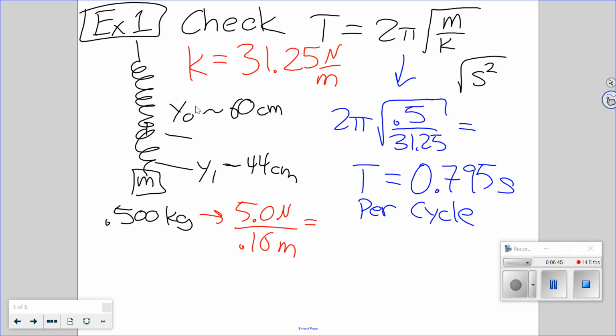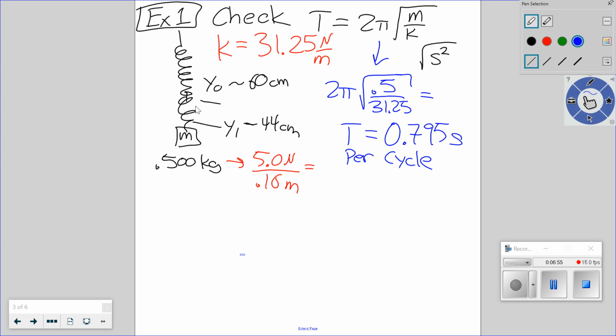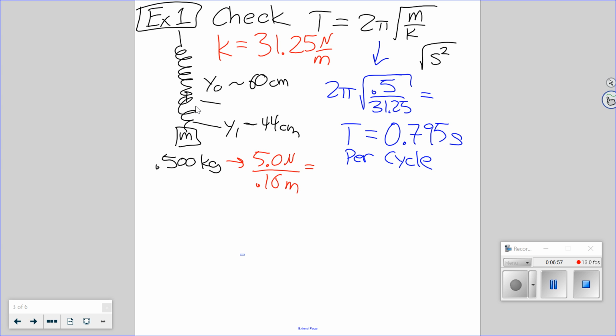Okay, I think that's reasonable. So what I got, you didn't want to time along with me? So what I got was 4.31 seconds over 5 cycles.